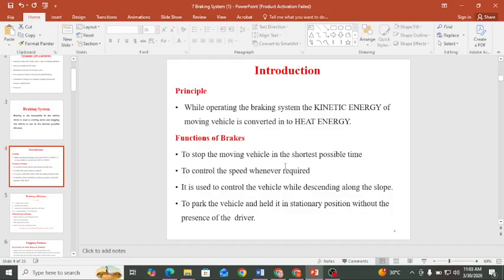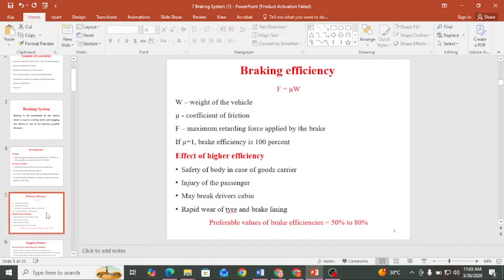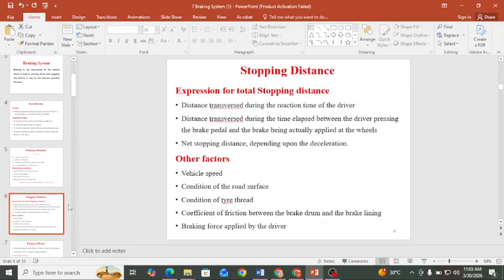Similarly for the stopping distance, with the help of an expression for the total stopping distance: the distance traveled during reaction time, and the net stopping distance also. For that we also use the disc plates, and the disc plates control the vehicle of the disc brake.